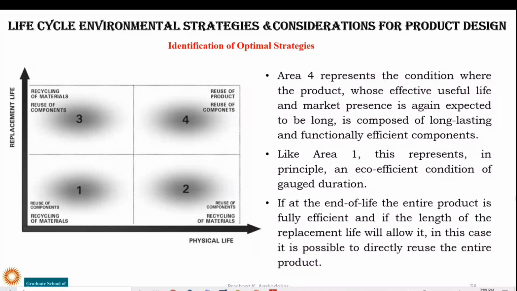If at the end of life the entire product is fully efficient, and if the length of the replacement life will allow it, in this case it is possible to directly reuse the entire product. Sorry, if the physical life is over, but the product is still fully efficient, it is properly functioning, and if the length of the replacement life will allow.